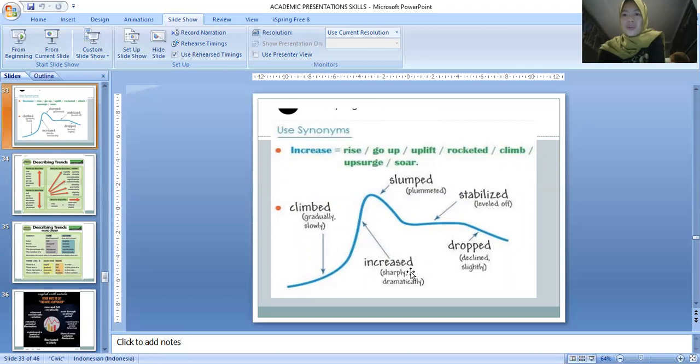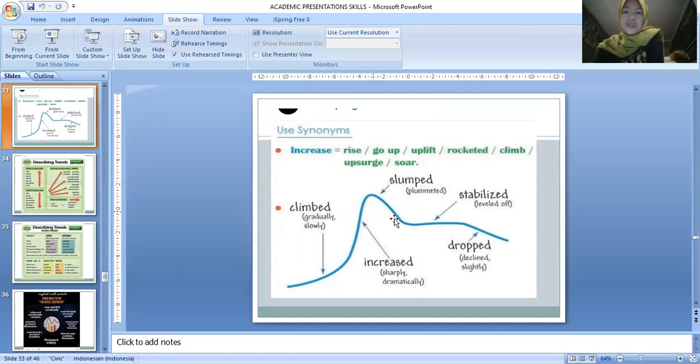Now, this is also the other types of trend, which is revealed from the graph. Yeah. And you can also use the synonyms of increase, for example, rise, go up, uplift, rocket, climb, upsurge, or soar.